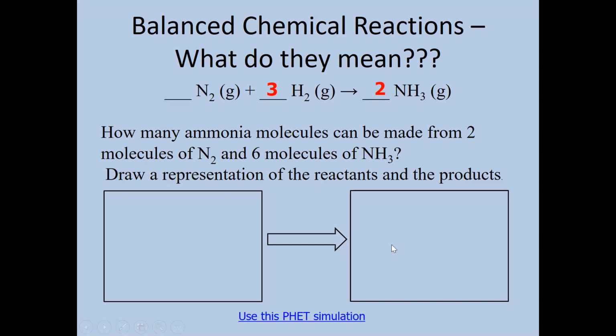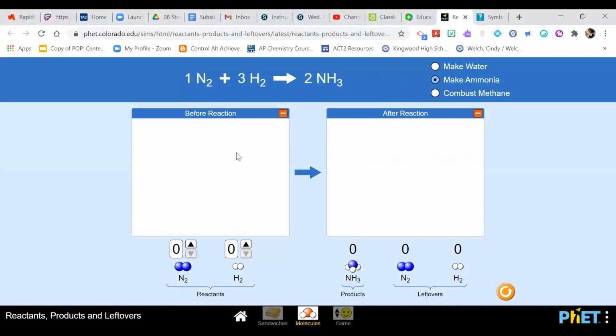So make your prediction while I switch over here and share that simulation again. So this time I'm going to switch to ammonia. And it said that we needed 1 nitrogen for every 3 hydrogens to make 2 ammonias.